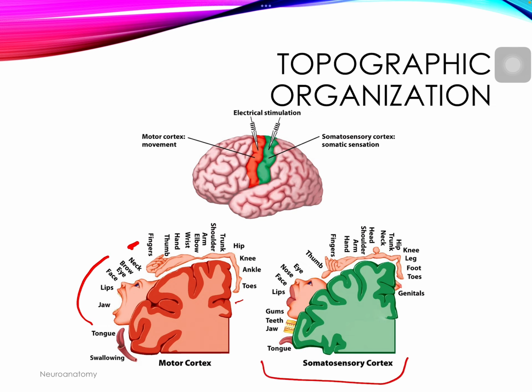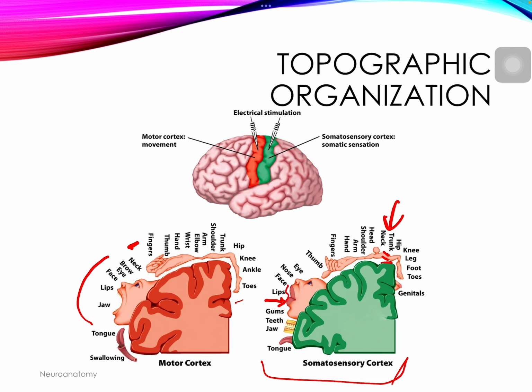So if you were to think about, let's look specifically at the somatosensory cortex. If you were to take a needle and poke the lips, okay, that's going to feel differently than if you poke, for example, the trunk of your body. So see, this is a very small representation here on the cortex.